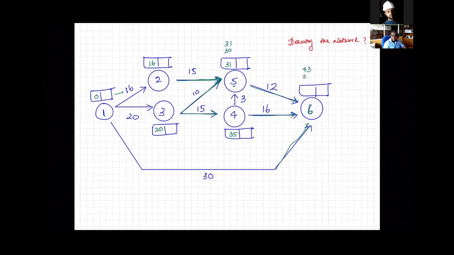If you don't understand, you can use the chat to answer. Okay, 4 to 5 I have right. 4 to 5 I have forgotten. So here we get 3 arrows, 30, 31 and 38.